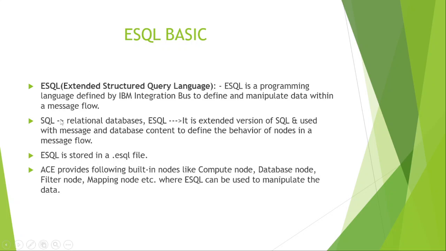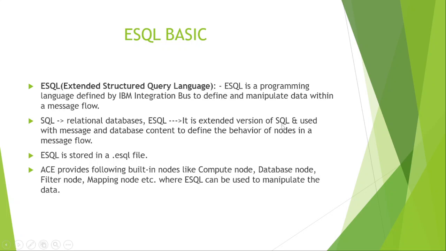Initially SQL was released, and SQL is also called a relational database language because it is related to databases, and IBM has just extended this SQL to make use of programming features, and they renamed it Extended Structured Query Language, and we call it ESQL.